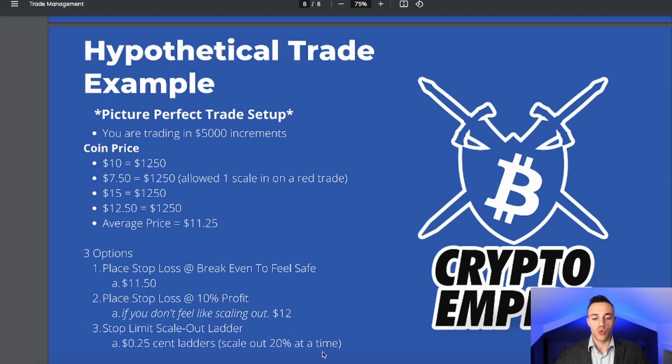Because we're going to scale out 20% at a time, we divide that by 5, right? So $1.25 divided by 5. I'll show you right here. 125 divided by 5, that's 25 cents. Okay? So that's how we scale out 20% at a time, and that's how we know what size to do that. All right? So it's very simple how we would do that basically.